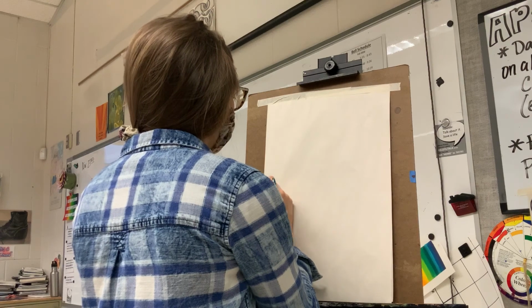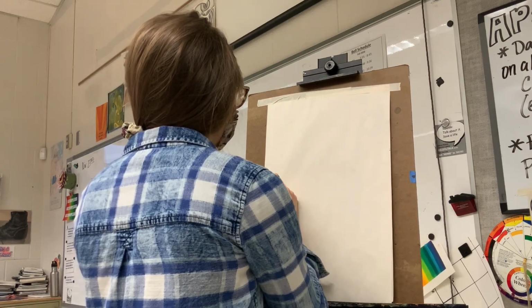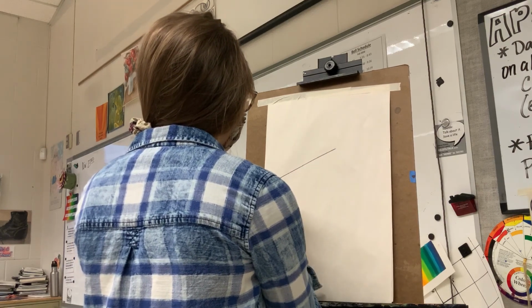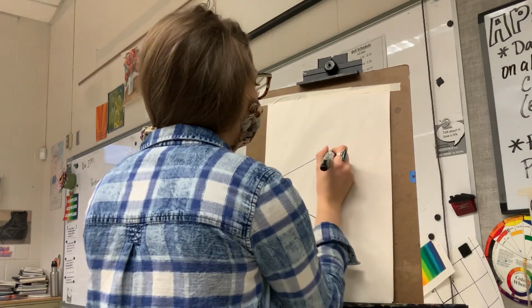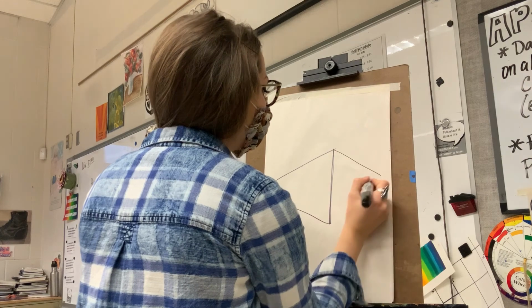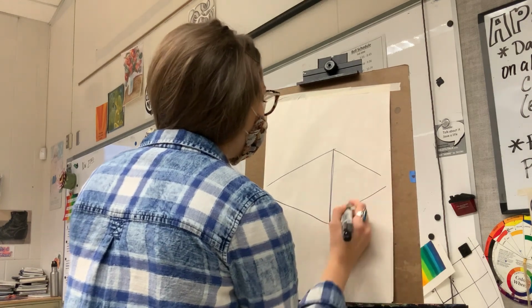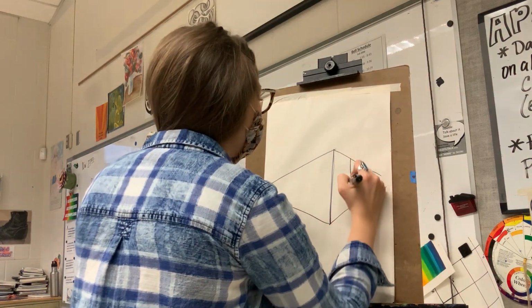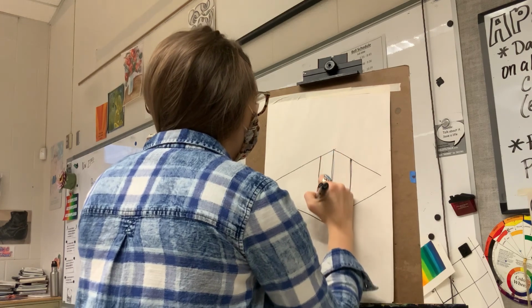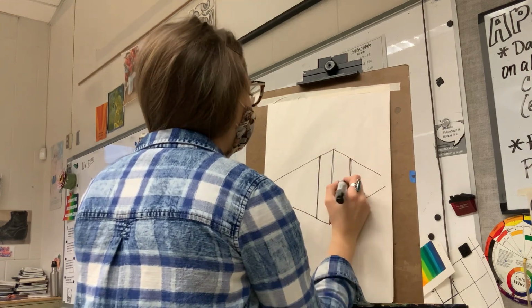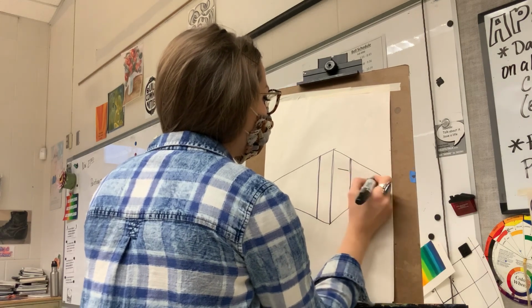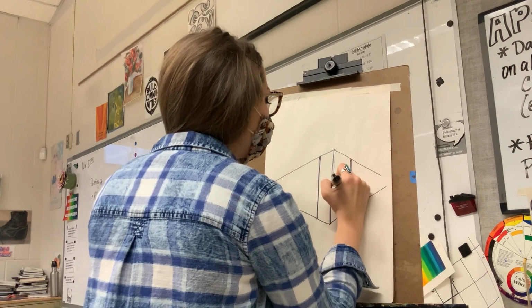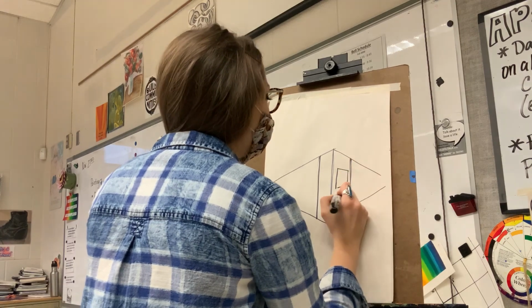So I would draw a vanishing point, and then I could use this as my corner, and then this, and then I would cut off the building here, and I could create windows, and all of the windows would have to converge to that point in space as well.